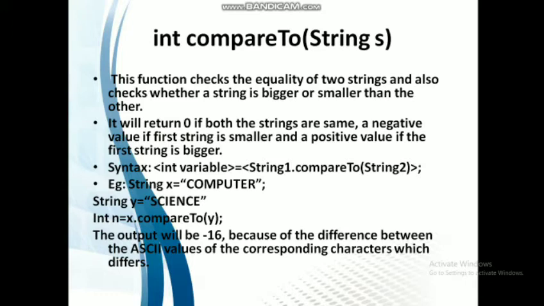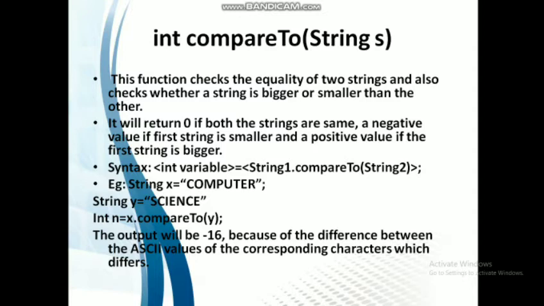So after C, D, E, F, like that it goes on. When you count 16, you will reach S. So you have to count from D: D, E, F, G, H, I, like that.